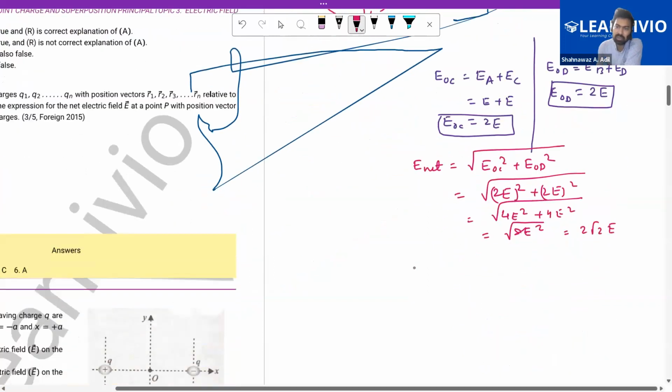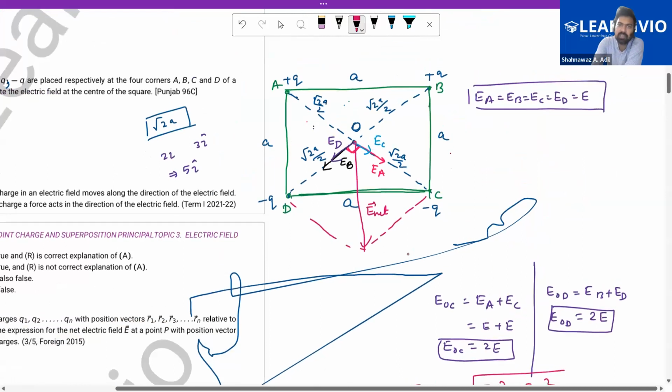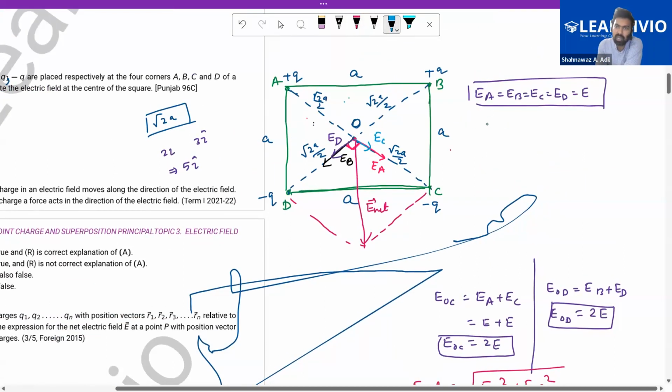And I already know what this E is. So this is K, Q, and the separation is root 2A by 2 whole square. So this would be KQ, and this would be 2A square. This 2 will go upstairs. So this is simply 2KQ by A.